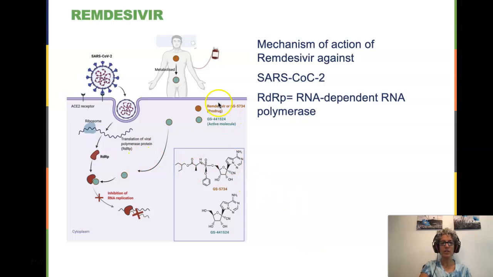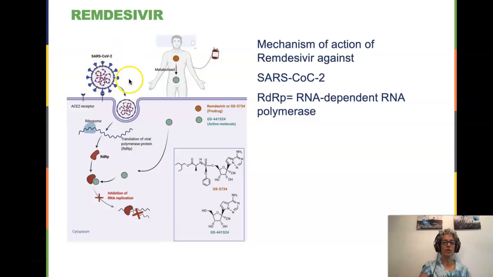Have a patient that gets intravenous remdesivir. The red blob is the initial drug that is injected. During metabolism, it is converted to its active form. So the green dot is the active remdesivir in the patient's bloodstream.